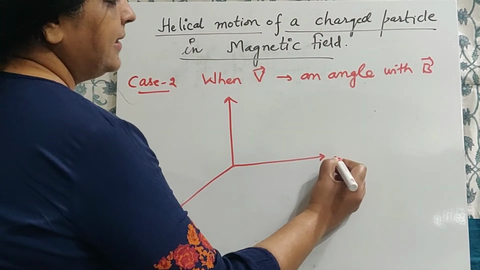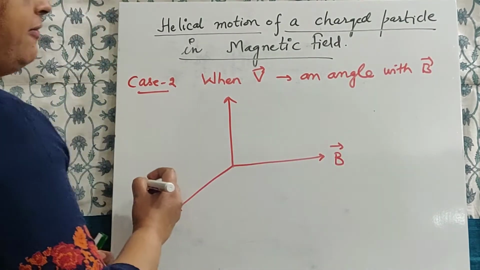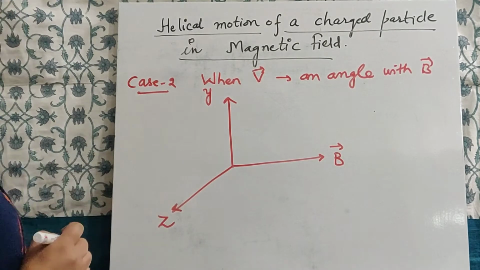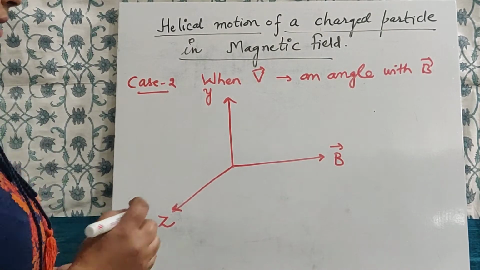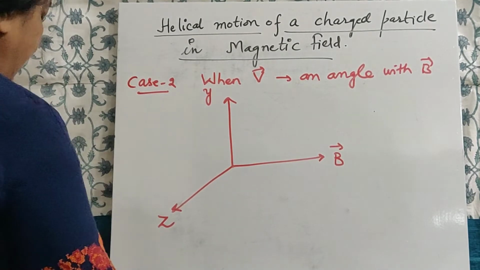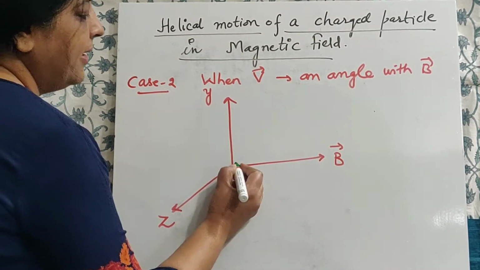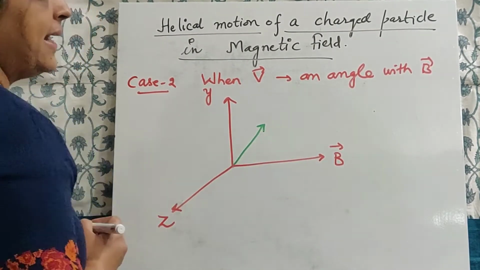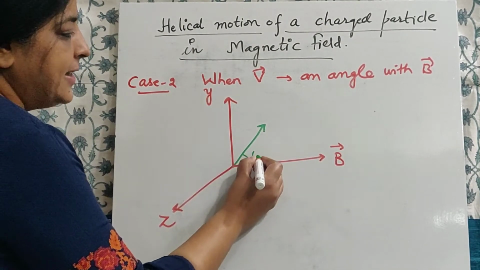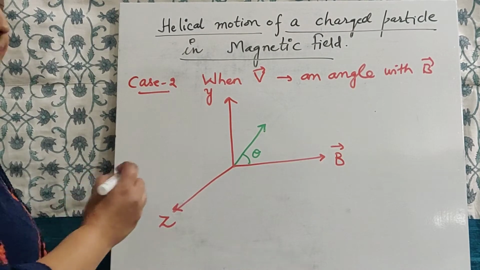Let us say this is the direction of magnetic field and this is our y-axis, this is our z-axis, and we have assumed that the velocity vector is making an angle with the magnetic field, that it is not perpendicular to the field. So let us say it is making an angle theta.